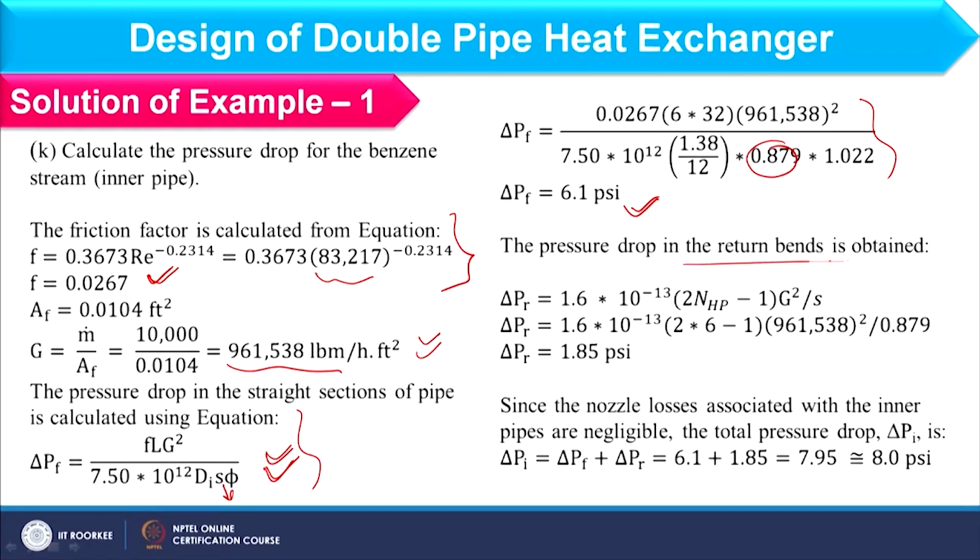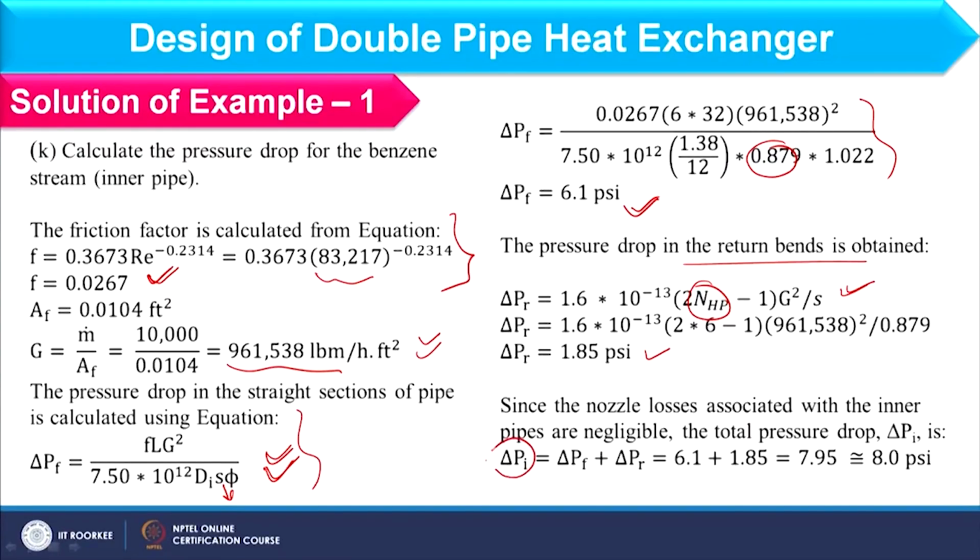Now, for the pressure drop in the return pipe or return bend, we can use this expression because it will depend on the number of hairpins that we have computed as 6. You know all other parameters and you can simply find the pressure drop in the return pipe as 1.85 psi, okay, and the addition of these two will give the total pressure drop in the inner pipe, right.